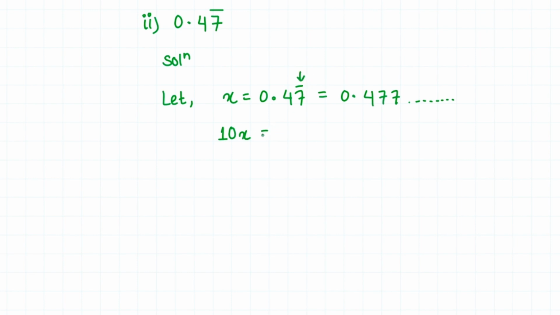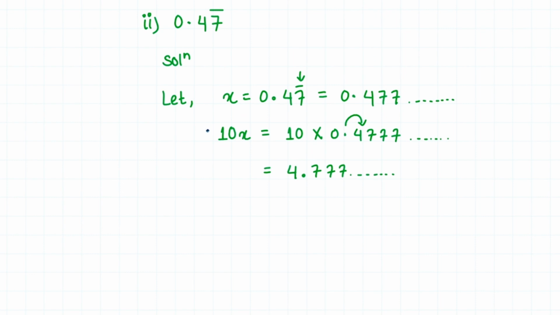So we have 10x equals 10 times x, which is 0.4777 and it goes on and on. When we multiply a number by 10, the point again moves one step, so our answer is 4.777 and so on. So we assumed 0.47 bar as x, and then we multiplied it by 10.